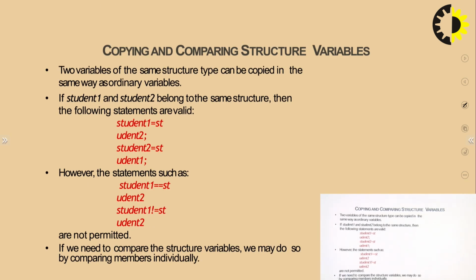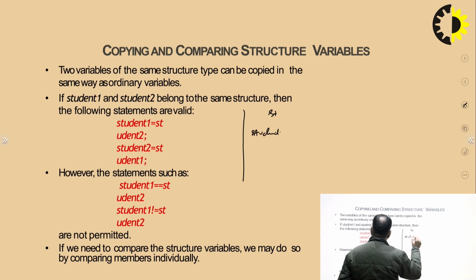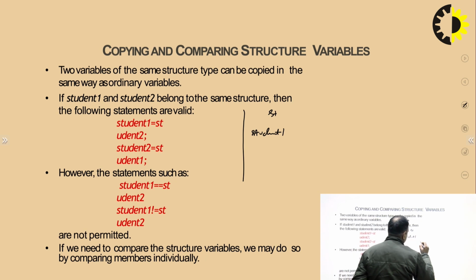Copying and comparing structure variables. In the same way, st1 and student 1 are just two structure variables. For example, st1 is a structure variable and student 1 is another structure variable.